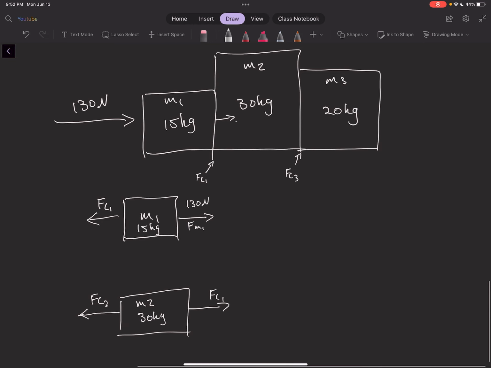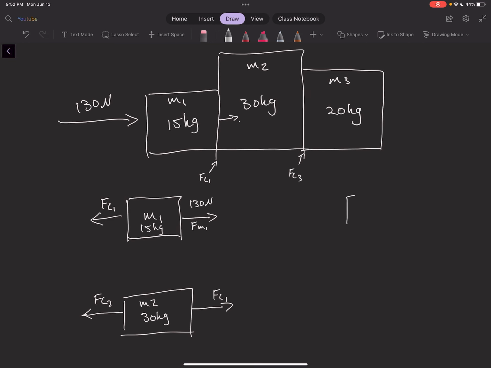So if we carry on, on the right hand side, we also have block 3, M3, which is 20 kilograms, which experiences, now this is a little bit tricky, but it only experiences one force going to the right, which is from the contact force over here between block 2 and block 3.